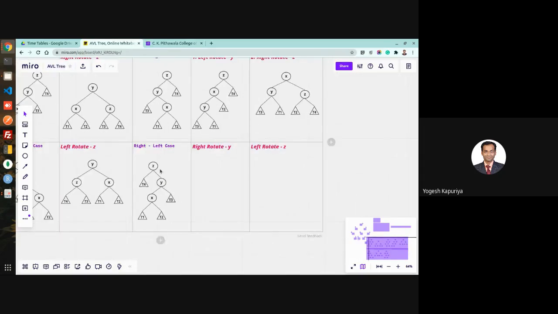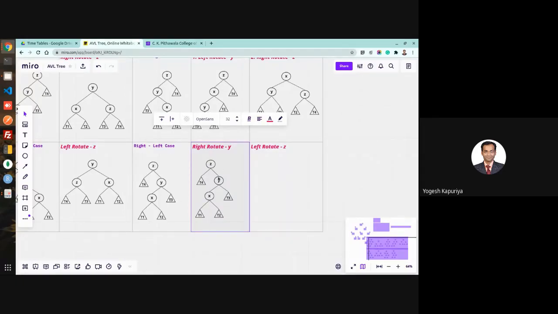Similarly, in this case, you have this situation. So the first step is you rotate Y in the right direction. When you have the right left case, you need to remember right left. So rotate Y in the right and then rotate Z in the left. That's why the naming is important.